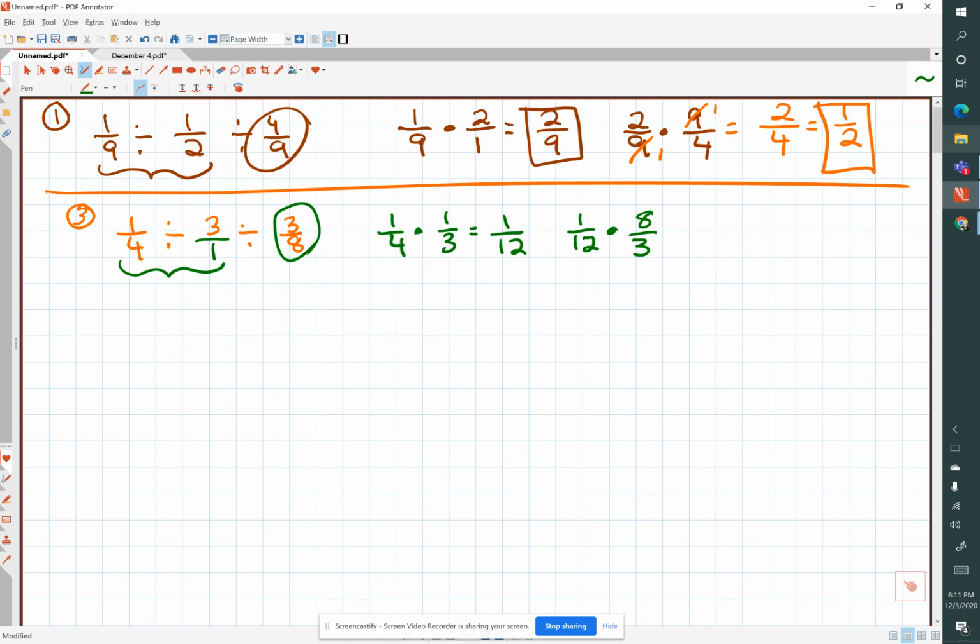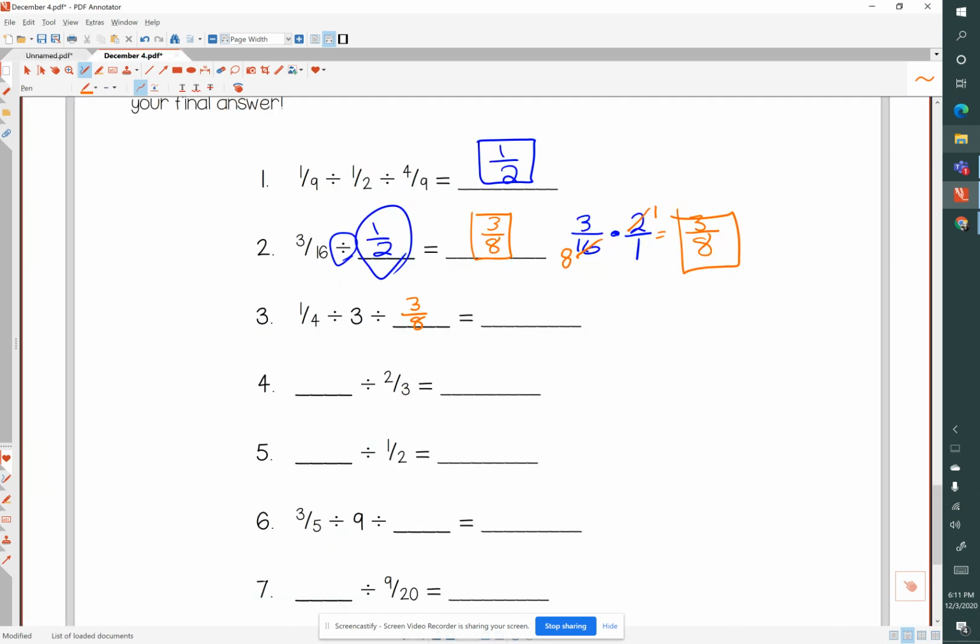And the 1 and the 3 cannot be simplified, but the 8 and the 12 are both divisible by 4. 8 divided by 4 is 2, and 12 divided by 4 is 3. So I just multiply straight across. 2 times 1 is 2, 3 times 3 is 9, and that's my final answer, 2/9. So I'll put that here, and that's a final answer.